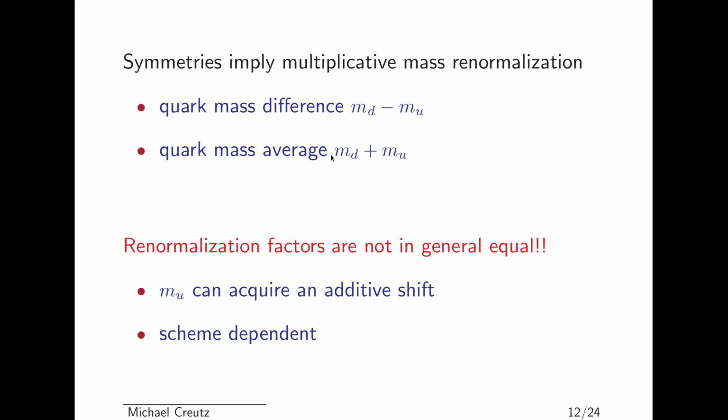But there is no reason for the renormalization factors of these two quantities to be equal. They can be different for the isovector mass difference and the isoscalar mass. And this means that in your renormalization procedure, the quark mass can acquire an additive shift, and the details of that depend on the details of how you've regularized it.